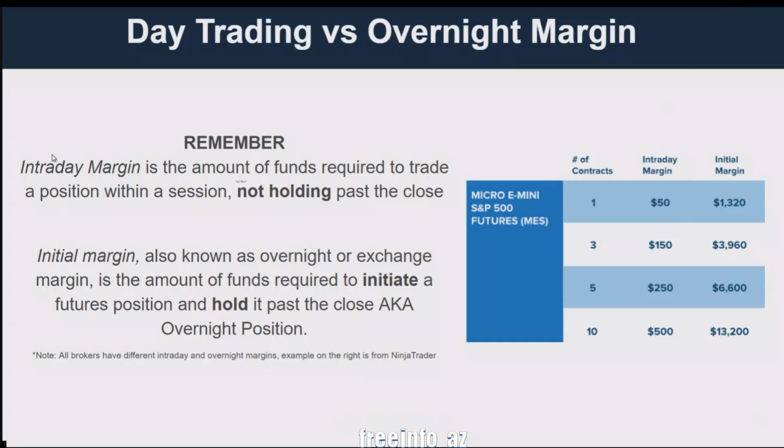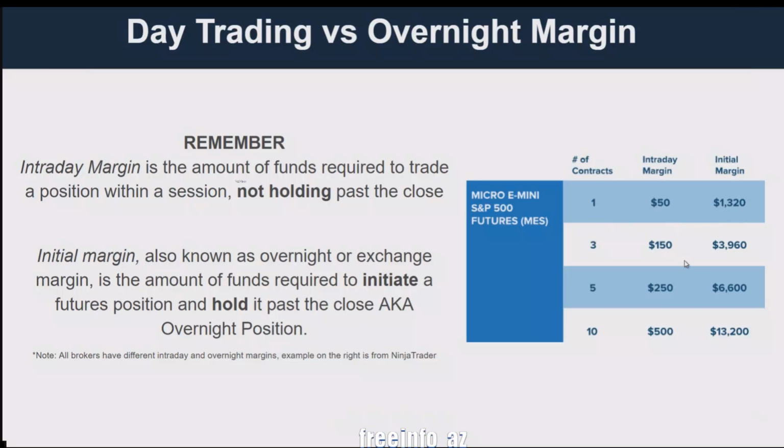Here's a good little infographic on intraday margin. Sometimes intraday margin will be as much money as you have as your net liquidating value. Here's a good example. You have initial margin of 13.20 on one contract, let's say.